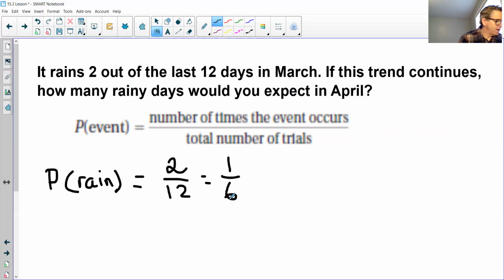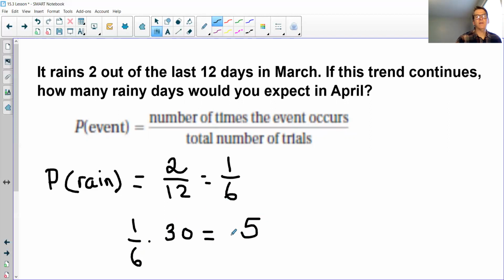Now in April, we have 30 days. To make a prediction, you multiply the probability of a rainy day by the number of days in April. So we take 1/6 times the 30 days in April, and that is 5 days.